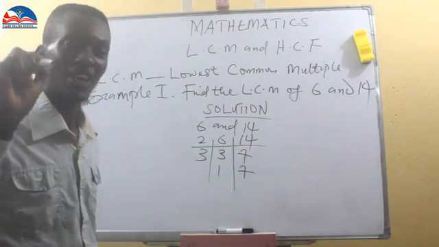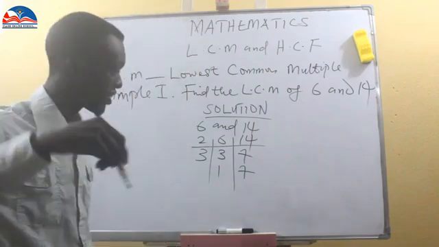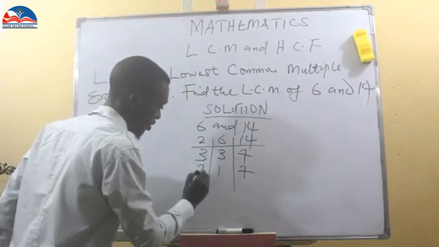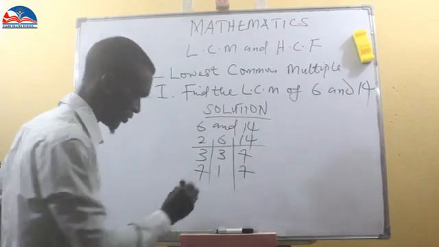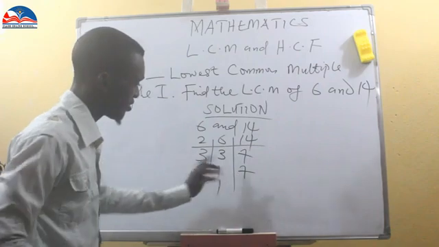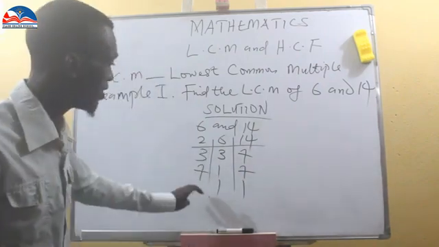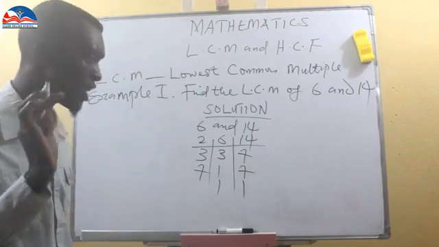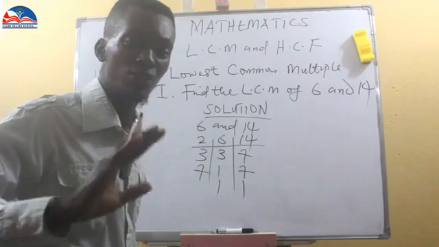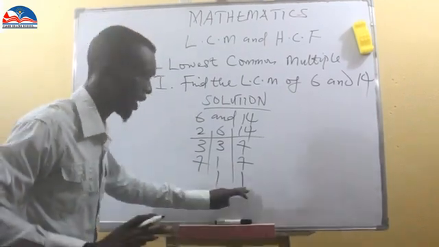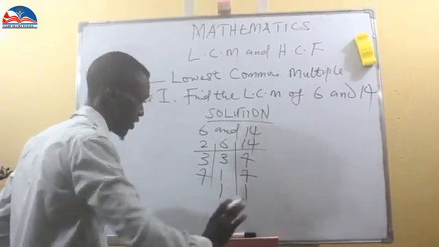The next number that can divide 7 is 7, which means 7 can go. 1 divided by 7 gives us 1, write down 1. 7 divided by 7 will give us 1. At this place, you have successfully brought these numbers to the lowest term: 1, 1. Nothing can divide again.